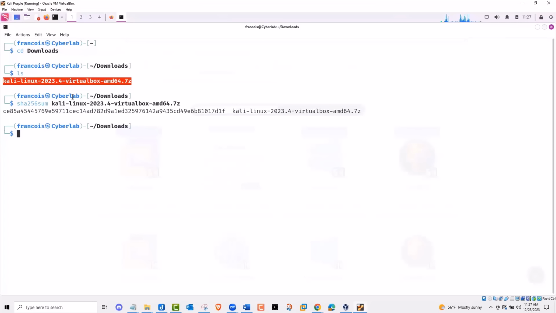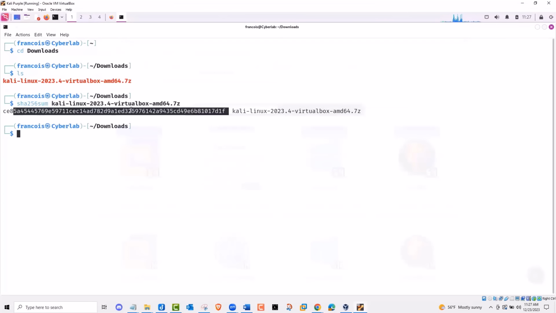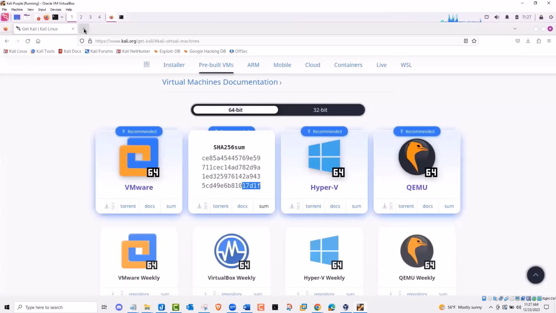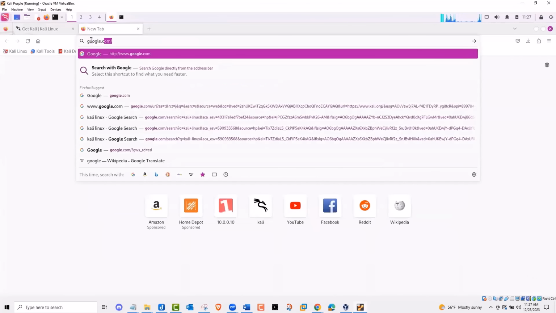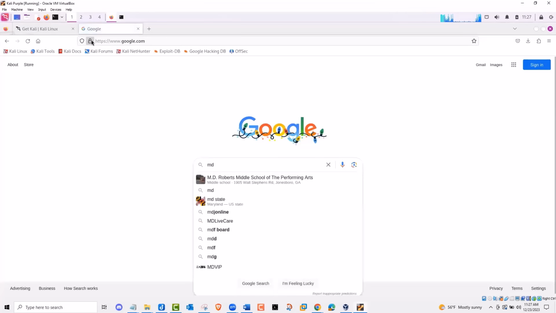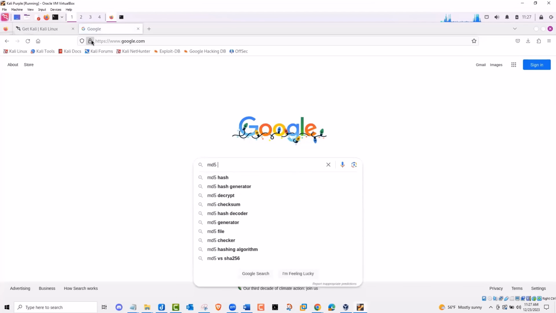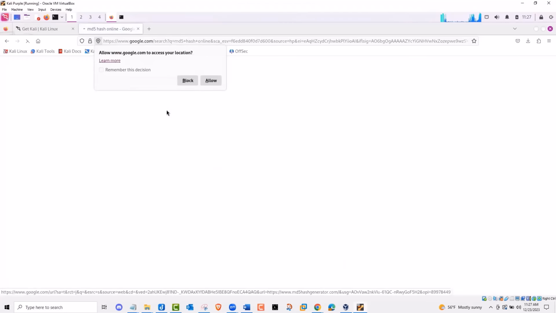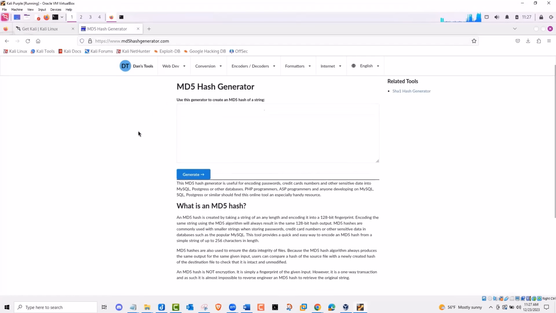If somebody had tampered with this, it would look completely different. The thing about hashes is that even if you change one value, the whole thing will look different. So let's go to Google and bring up something like an MD5 hash online, so you can get to see this in action.